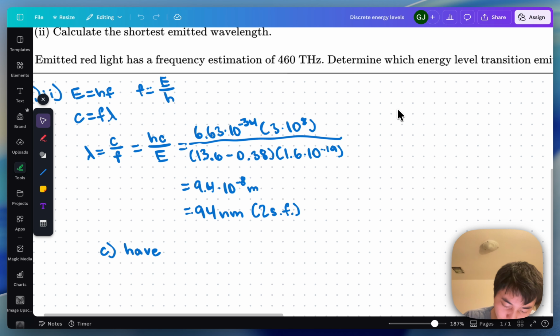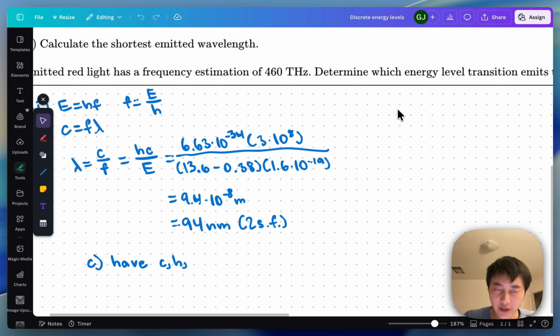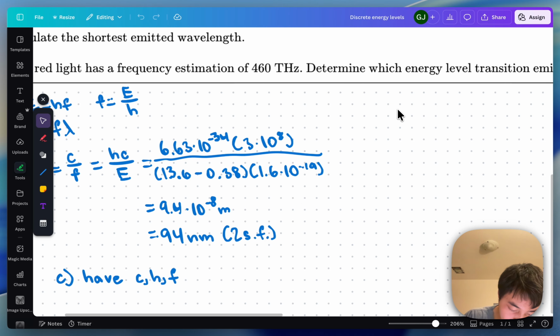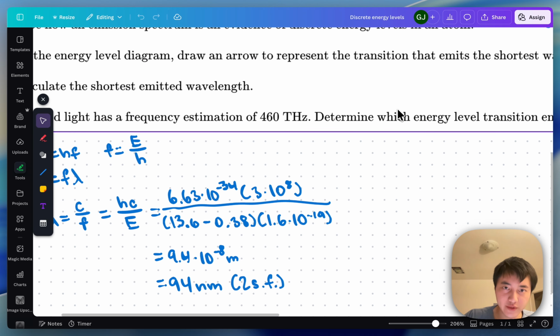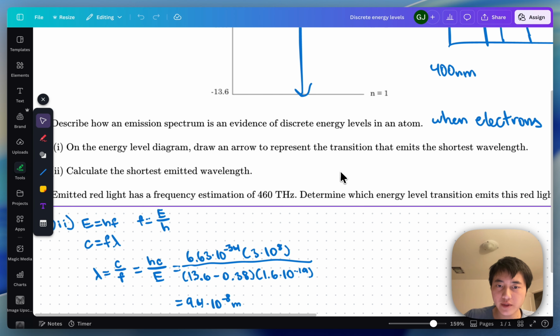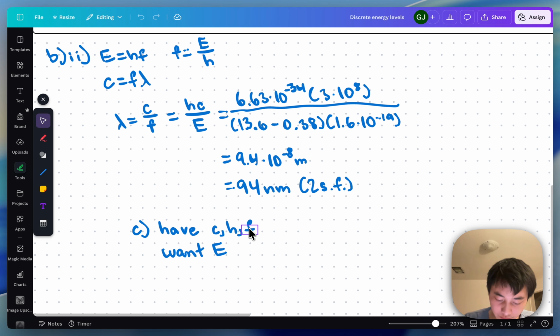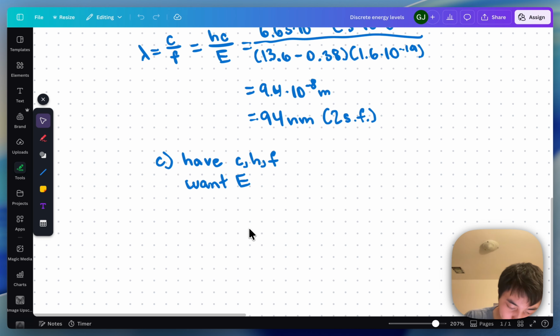We have the constants. We have the frequency. And we just want the energy level, and then we can see which one matches up. So we just use the same equations basically.